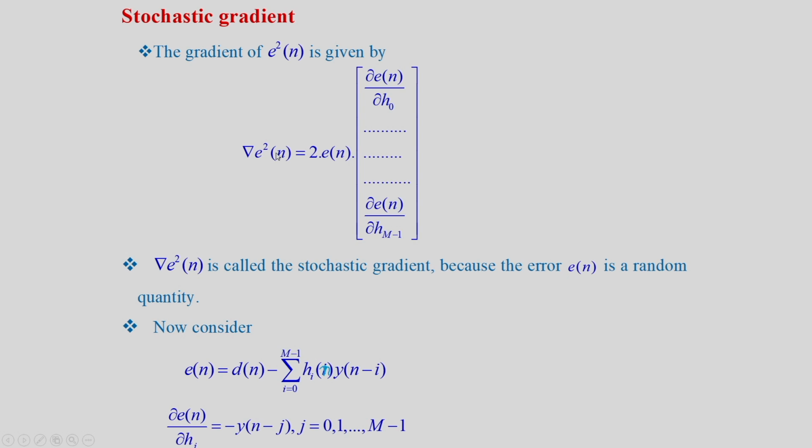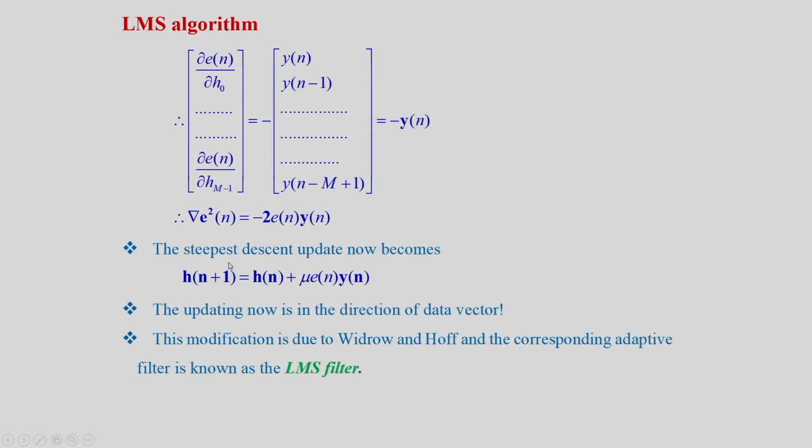Gradient of square n is equal to 2 times En into this partial derivative vector. So, from that we get that gradient of E square n is equal to minus 2 times E n into y n.